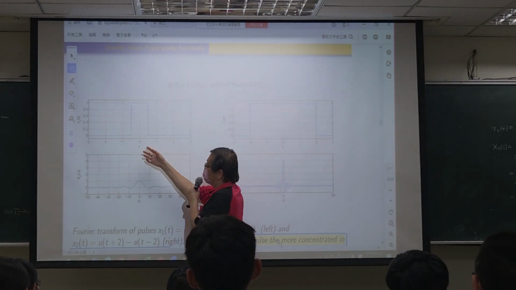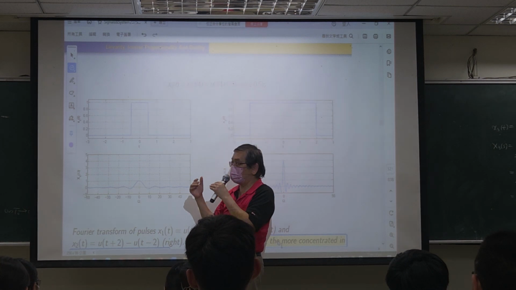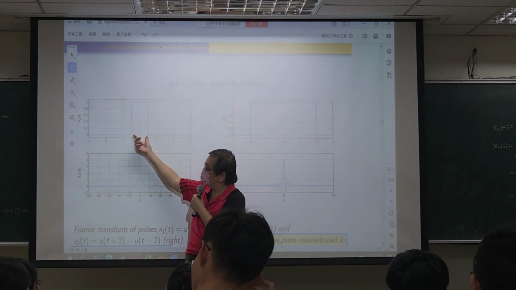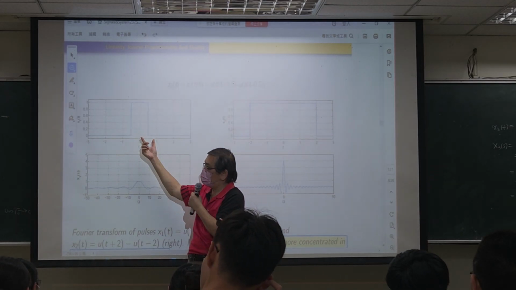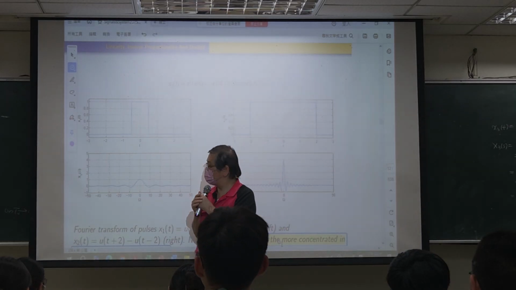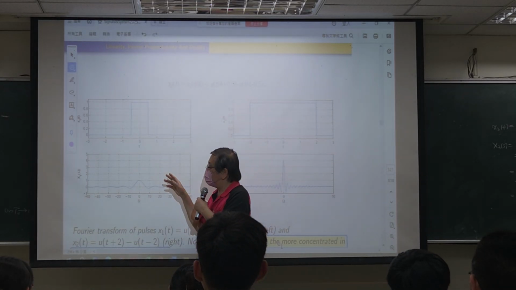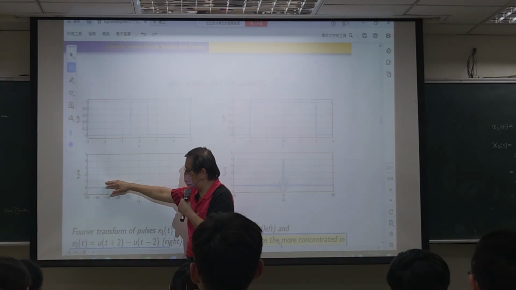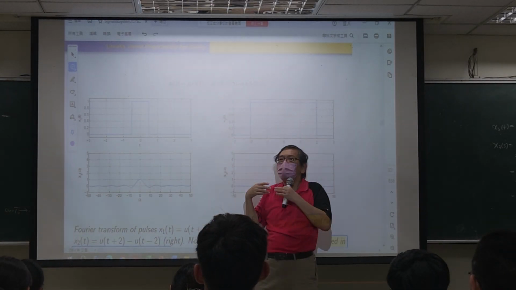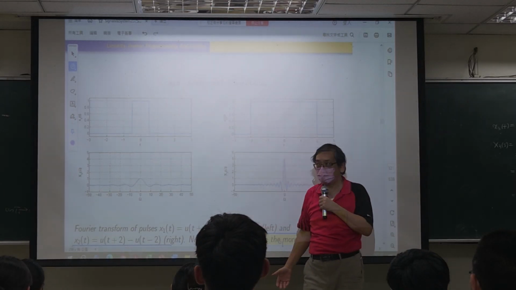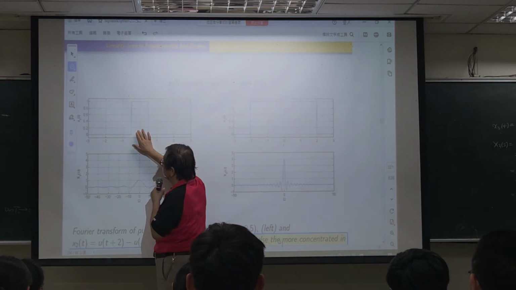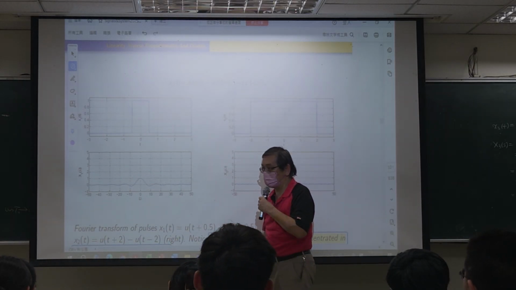But for this one, think about it in the limiting process. When the width becomes very, very narrow, it goes to an impulse, and the corresponding Fourier transform will be a constant, which means we need many high frequency components to construct this impulse function.